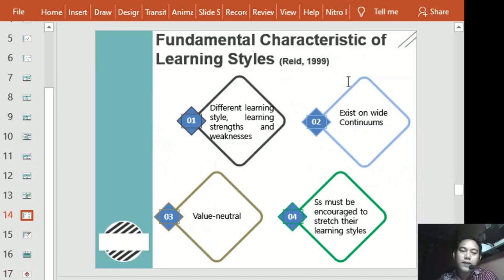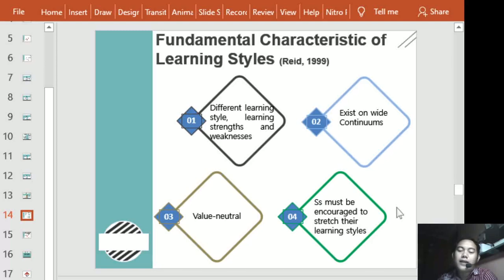Meanwhile, Reid 1999 hypothesizes a number of propositions for learning styles as follows. First, every person, students and teacher alike, has a learning style and learning strengths and weaknesses. And then learning styles exist on wide continuums, although they are often described as opposites. And then the learning styles are value neutral.